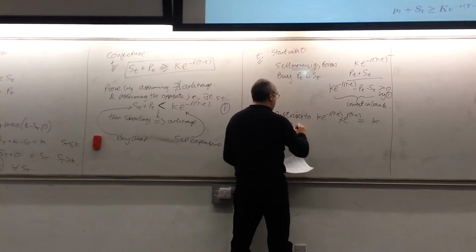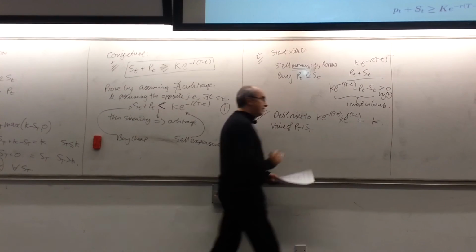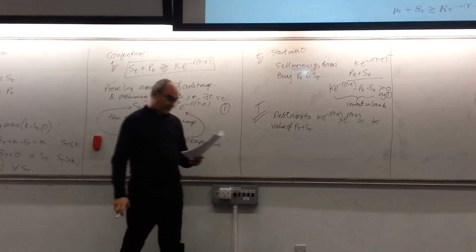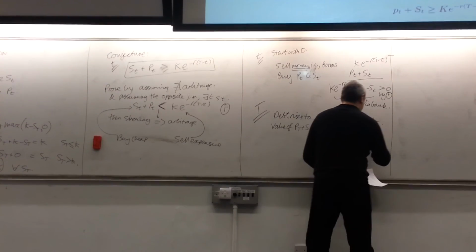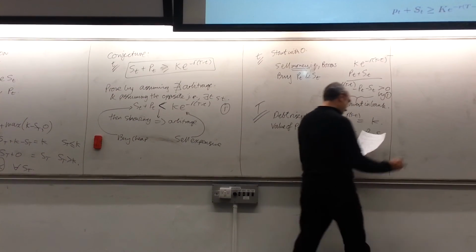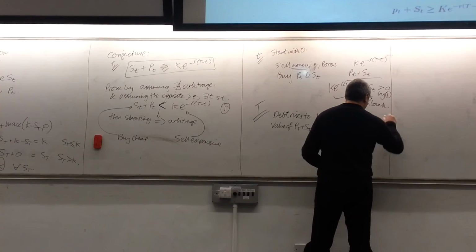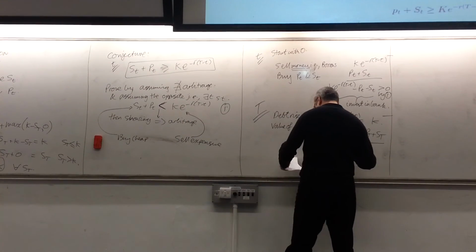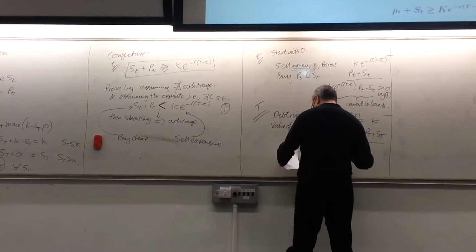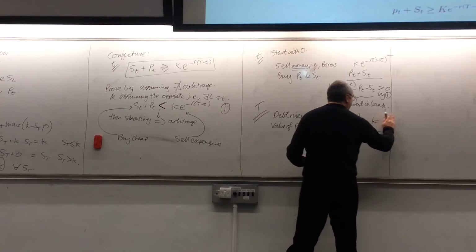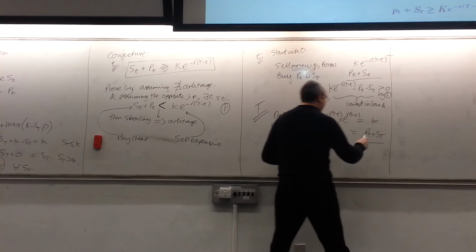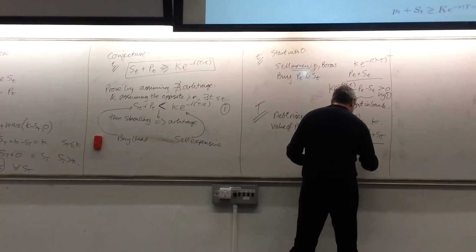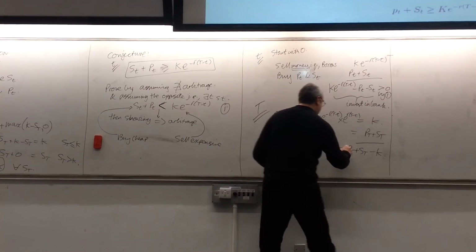Well, I'm holding P_T plus S_T. And if I subtract the debt, what do I get? The value that I've got, sorry, should do it the other way around, is P_T plus S_T minus K.